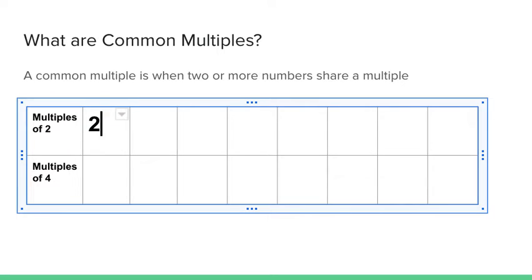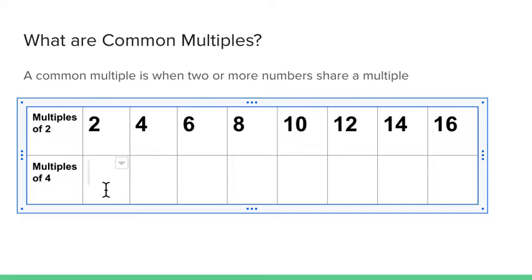So we'll go 2, 4, 6, 8, 10, 12, 14, and 16. I only made 8 spaces here, so we'll stop there.